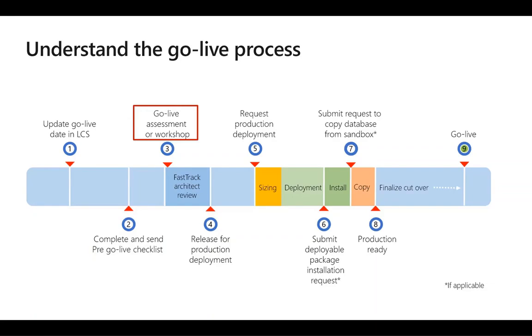The third step is project assessment, FastTrack essential. The architects will deliver the assessments after the checklist is received and will then continue reviewing until questions are clarified and mitigations are in place.